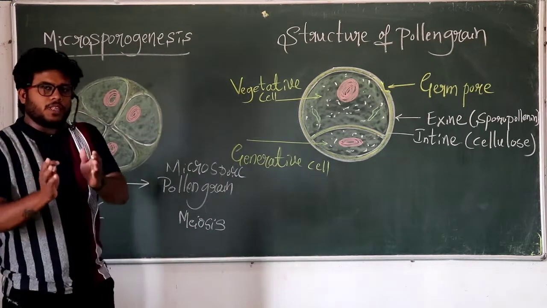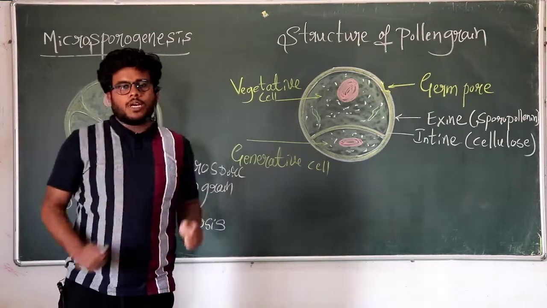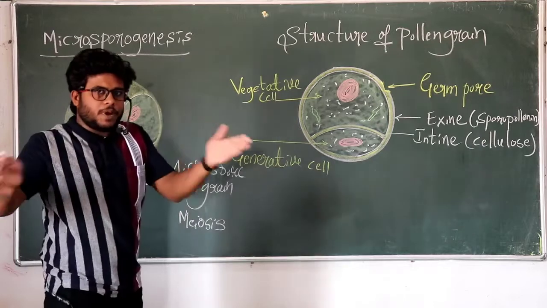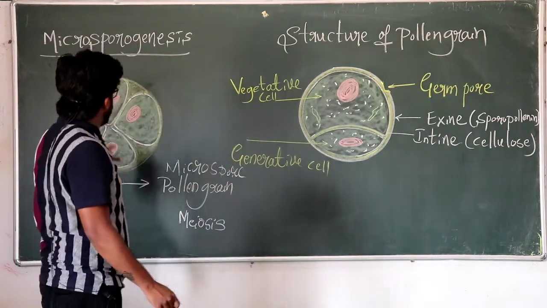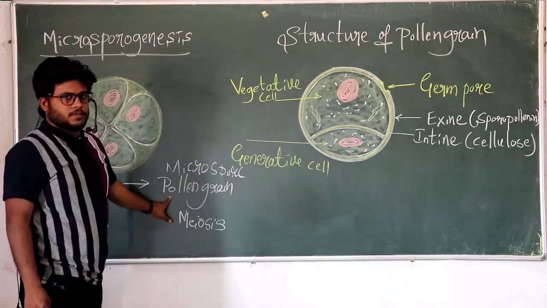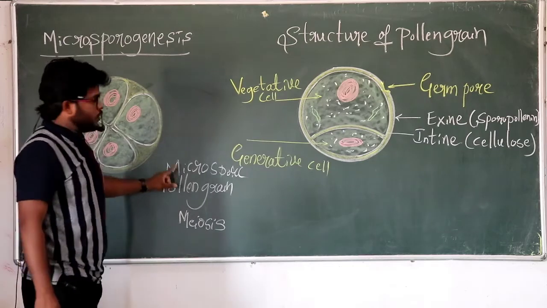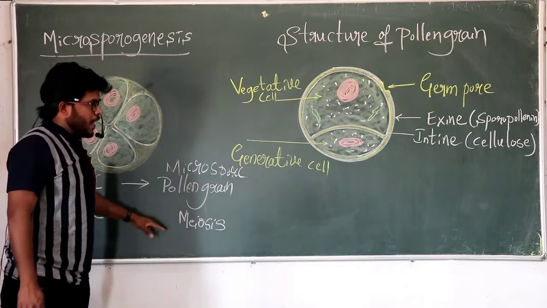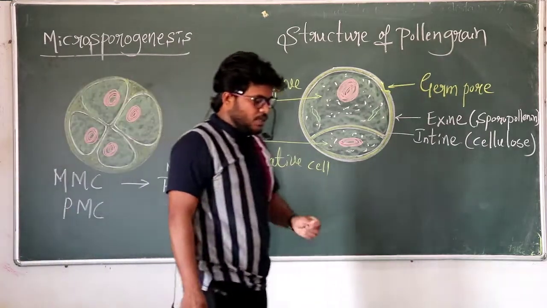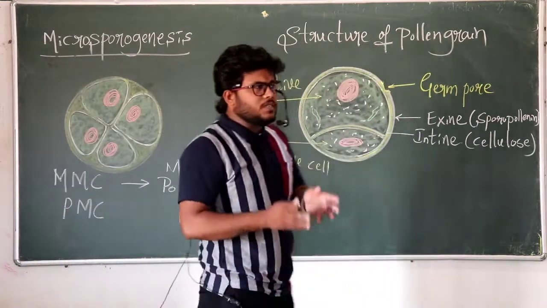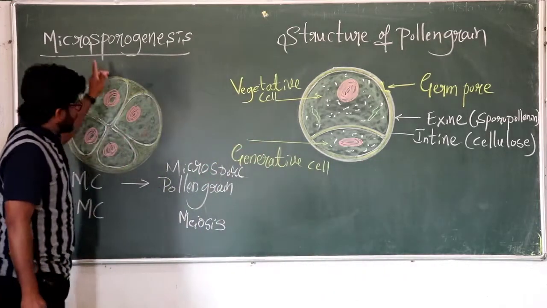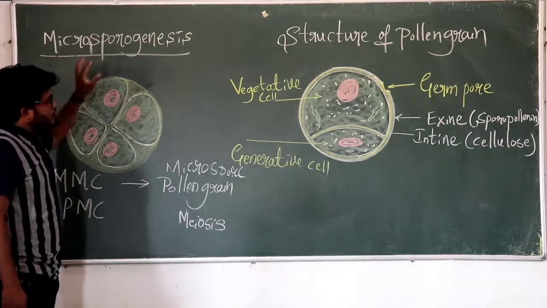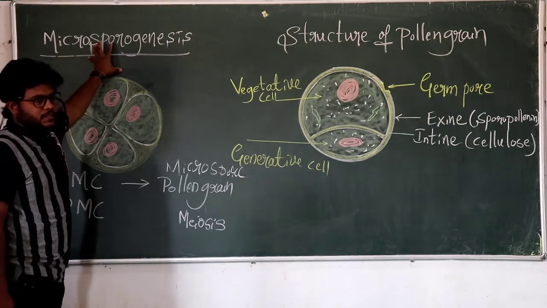When the anther matures, each cell of the microspore tetrad separates and develops into pollen grains. In each angiospermic anther, thousands of pollen grains are present. Okay, so this is about microsporogenesis.